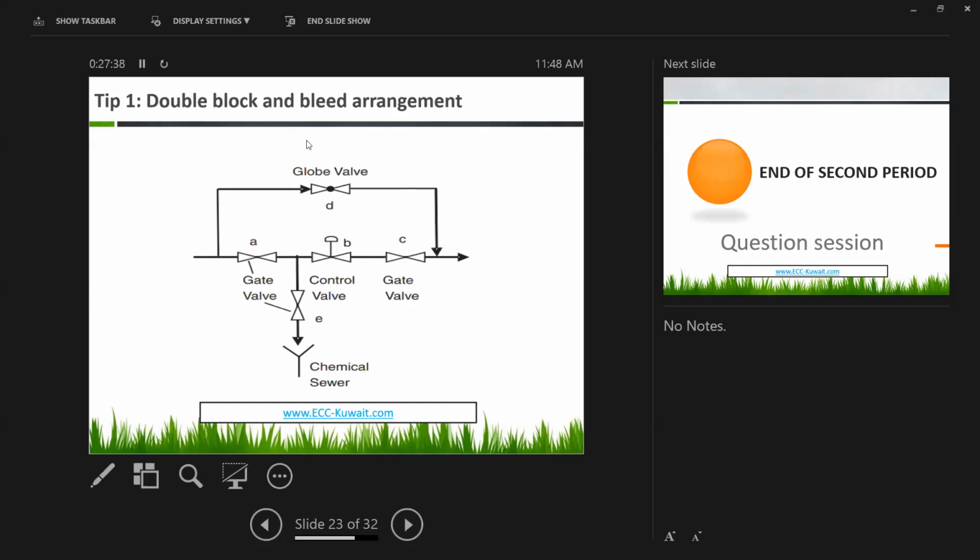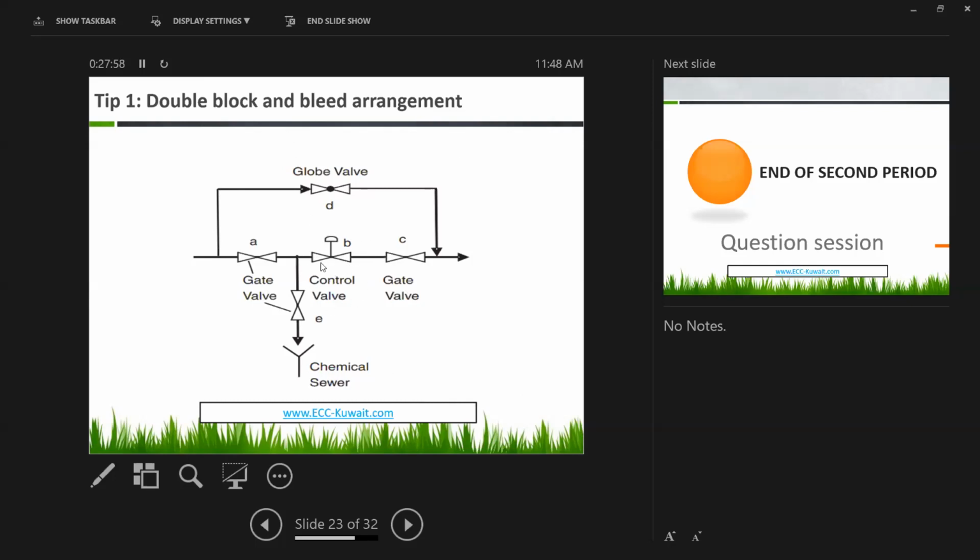If we don't have this arrangement, we will have to shut down. We will have an emergency and disturbance in our unit operation.